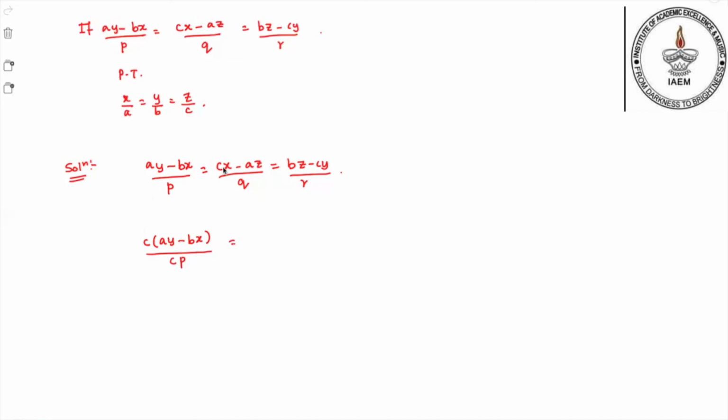Similarly, in the second term, none of the terms constituting b is present, so we multiply b with the numerator and the denominator. And similarly, a is multiplied to the third term. So now we are adding all the terms.